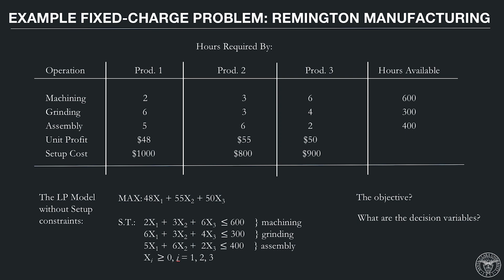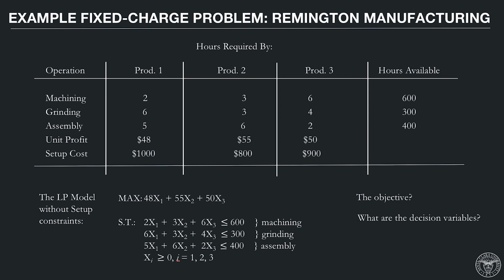In order to produce product 1, we need 2 hours of machining, 6 hours of grinding, and 5 hours of assembly. We need 3 hours for product 2 from machining, 3 hours from grinding, and 6 hours from assembly. For product 3, we need 6 hours from machining, 4 hours from grinding, and 2 hours from assembly.